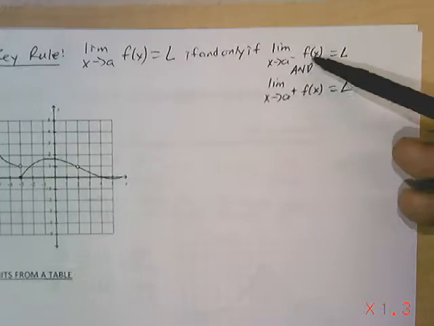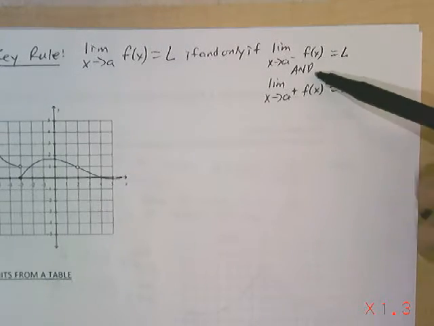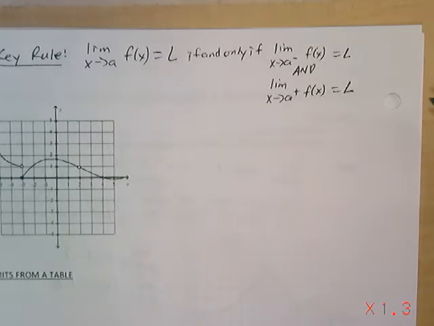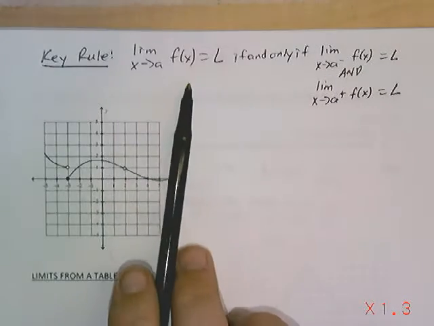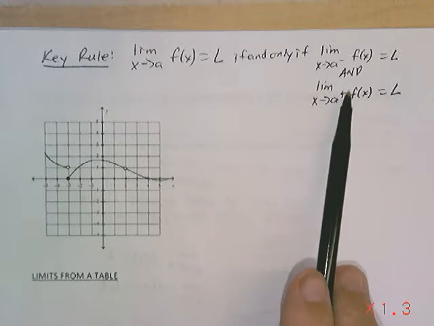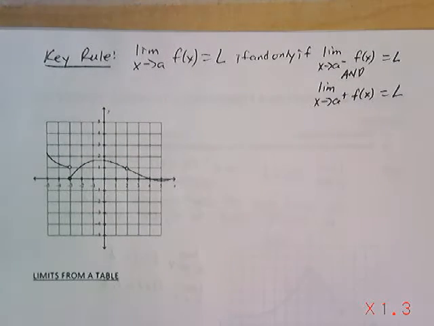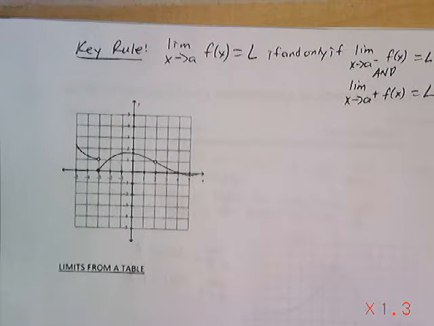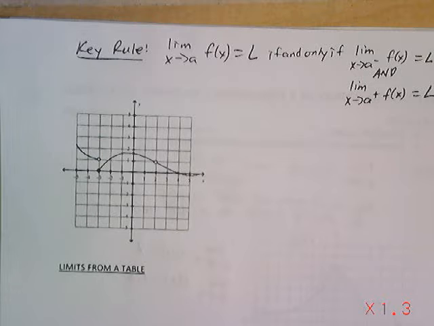Whereas if we have another example on here, where we have the limit as x approaches 2 from the left, we can see it's clearly approaching 1. And then from the right, it is also approaching 1.